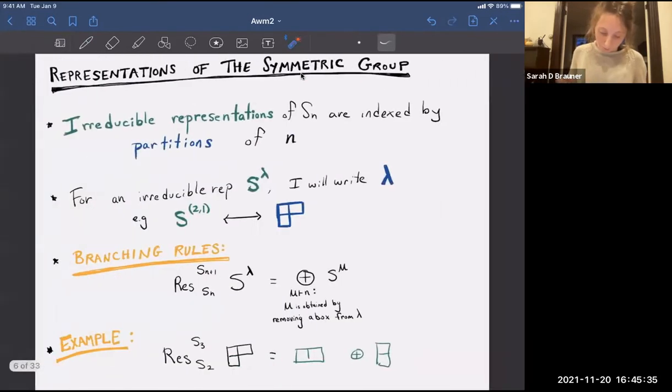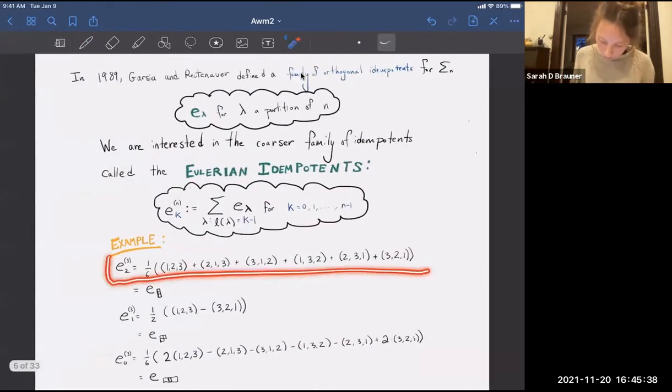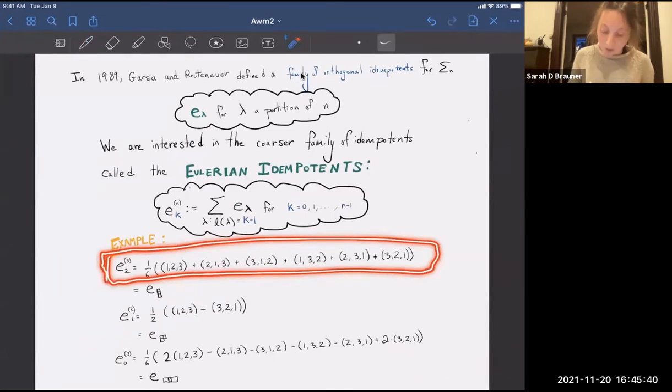So for example, if we look at this idempotent here, this is an unsigned sum of every permutation in S3, right? And so if I multiply by another permutation of S3, all that's going to happen is these terms will rearrange, but I'll get the same term in the end.